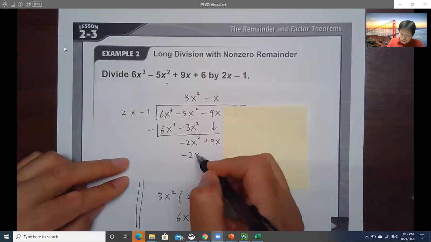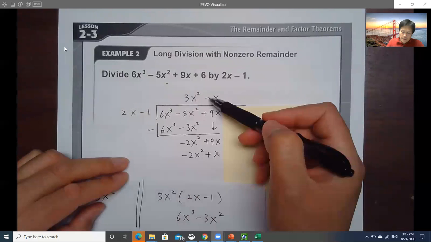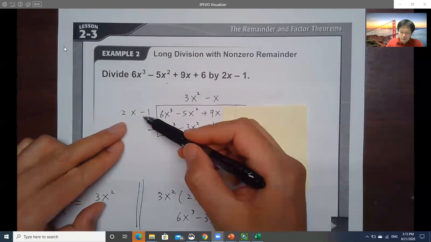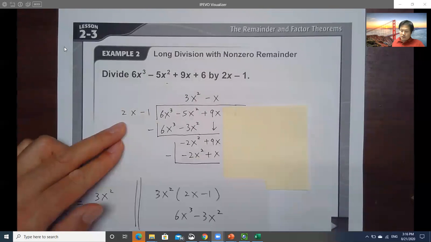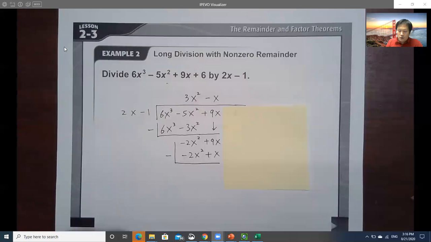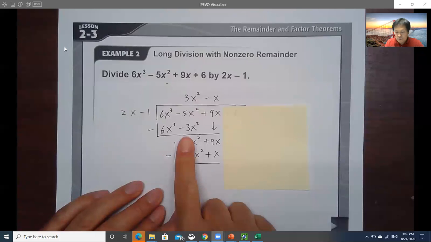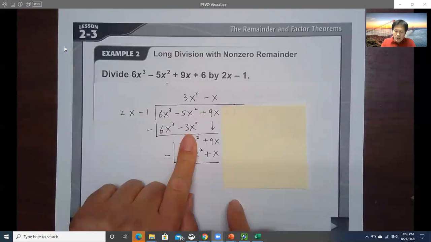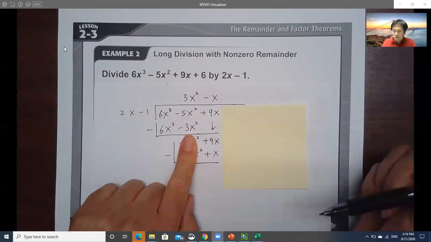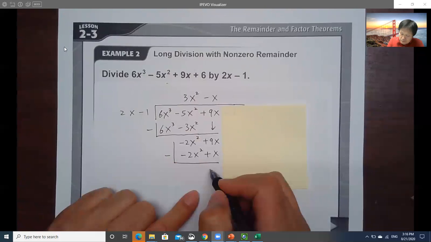So you multiply that here, writing it down. For the L shape, you're subtracting. Again, first terms, they're supposed to be gone. They disappear. Minus 2, double minus is positive. Minus 2 plus 2, they disappear. 9 minus 1 is 8.